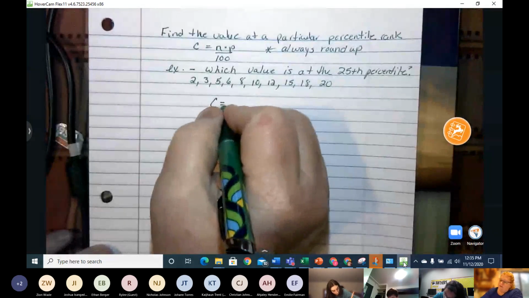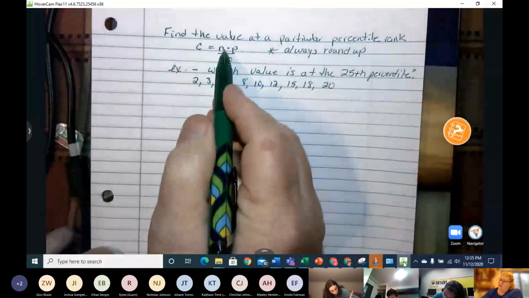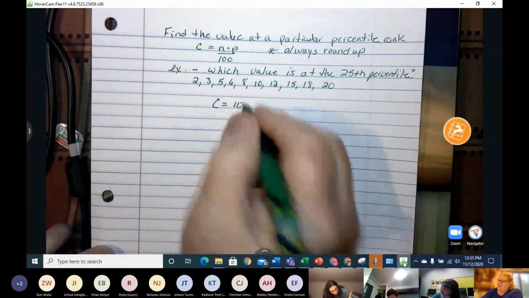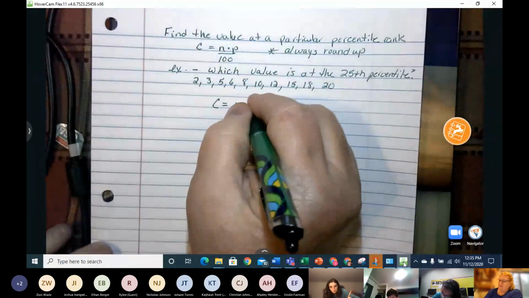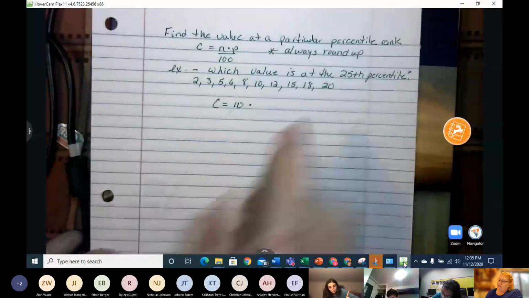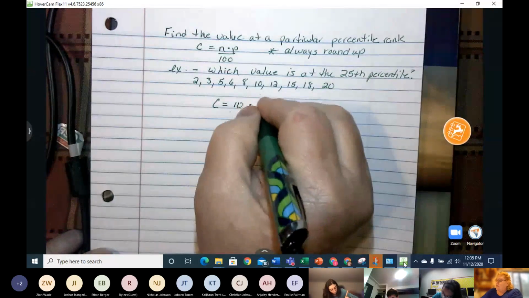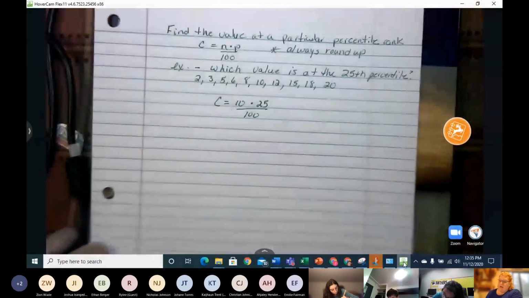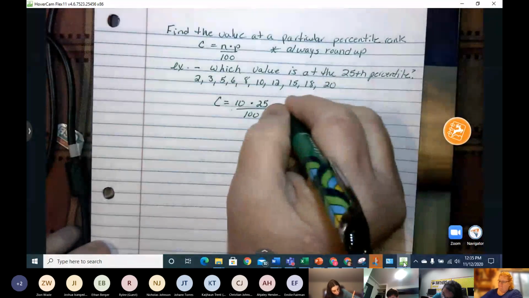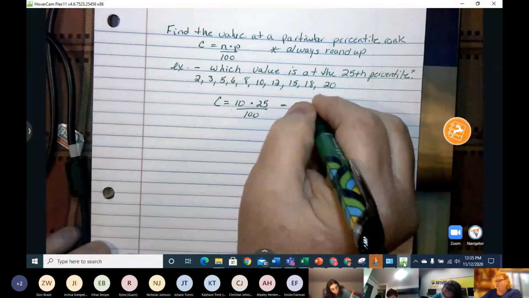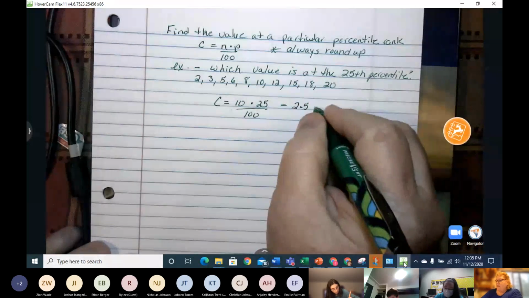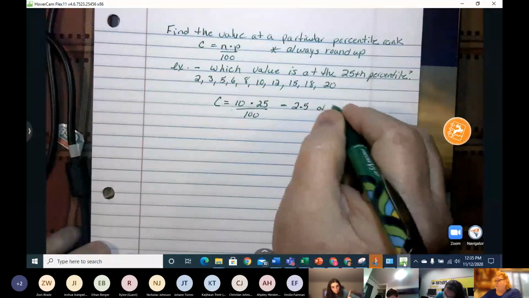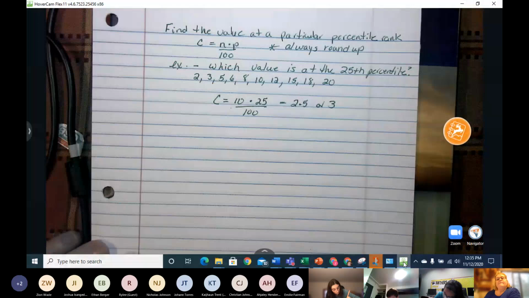So C equals the number of data items, which is 10, times the percentile, which was 25, divided by 100. And so we get 2.5. And since we need to round up, that makes 3. We round up to a whole number.